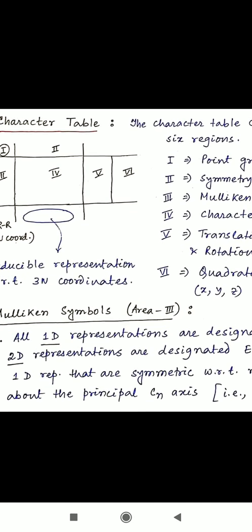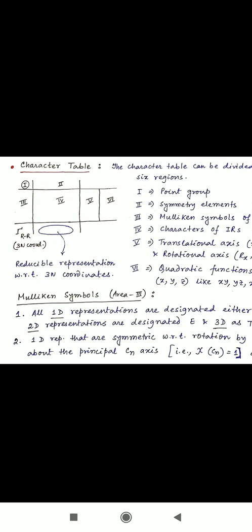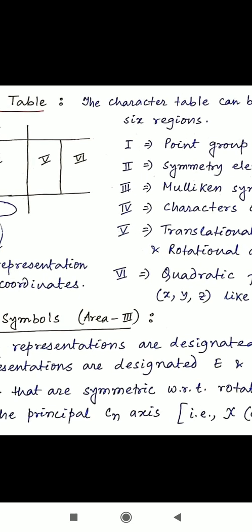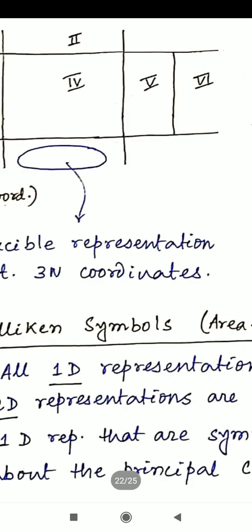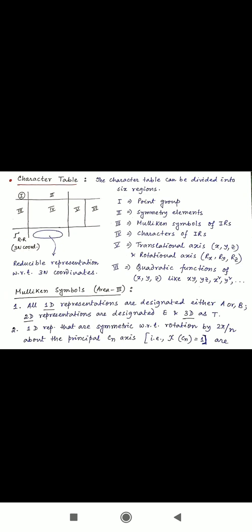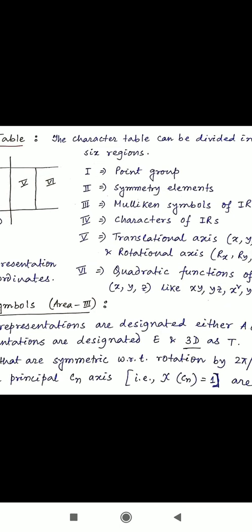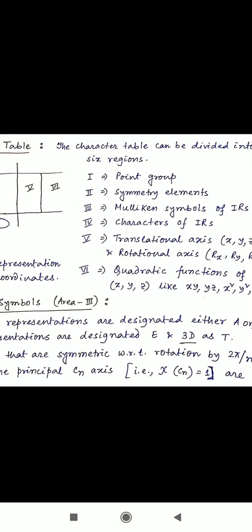For the Mulliken symbols, just see point number 1: all one dimensional representations are designated either A or B, 2D representations are always designated by E, and 3D representations are designated as T. So if I have a one dimensional representation, I have to write A or B; if I have a 2D representation, I have to write E; and if I have a 3D representation, we have to write T.